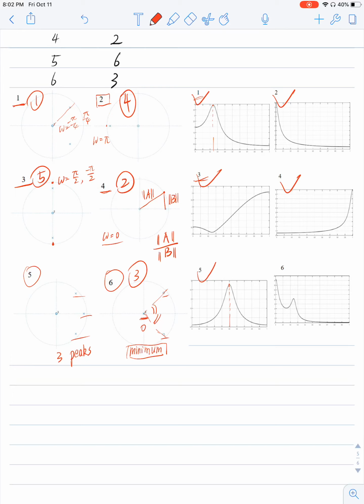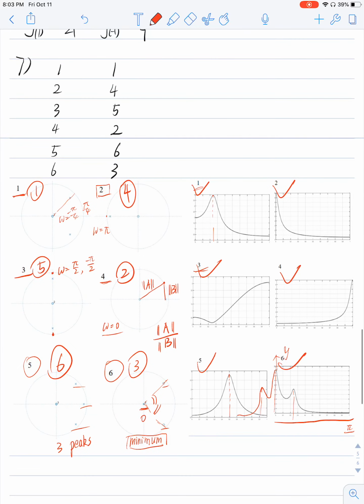Considering this image is just half a period of the signal, and it's also symmetric about the y-axis, it actually has 3 peaks like this. So the corresponding frequency response is 6. That is the solution to question 7.